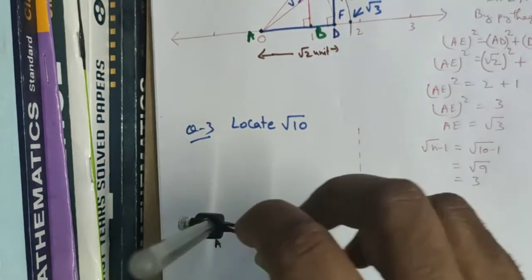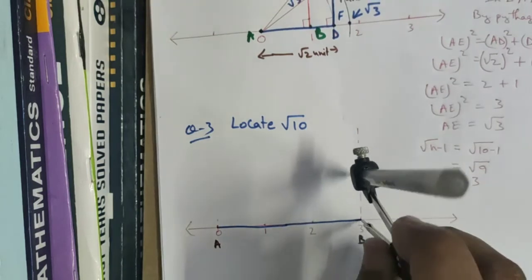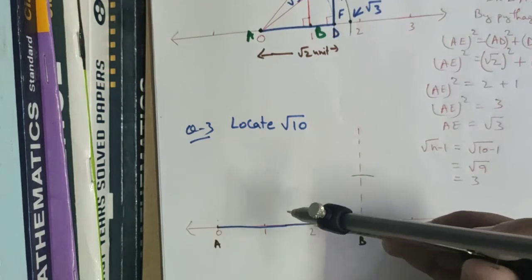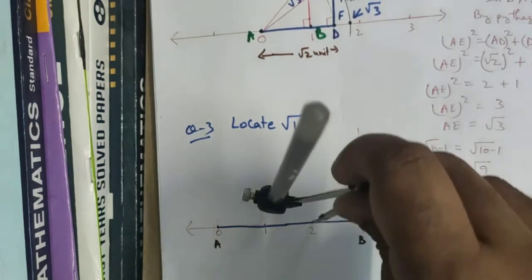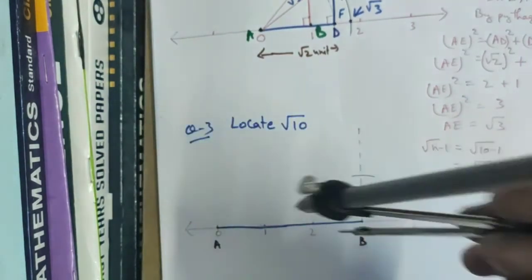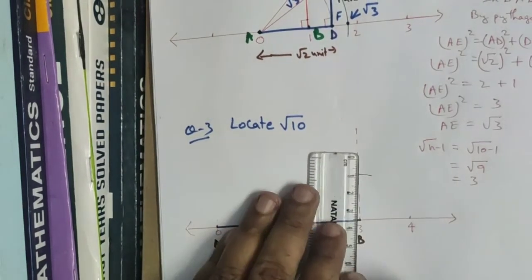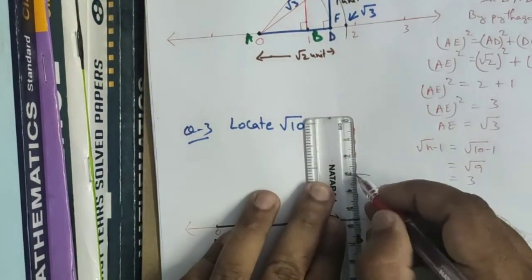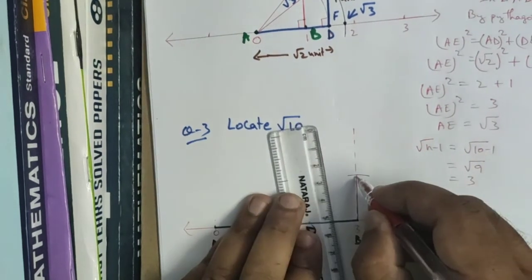This is the 1 unit measurement we have taken. We can also use scale for that. You can also use scale, or you can take 1 unit by putting the compass at one point as 2 and the other point at 1. This is also 1 unit it is representing. Okay, so this will be 1 unit.